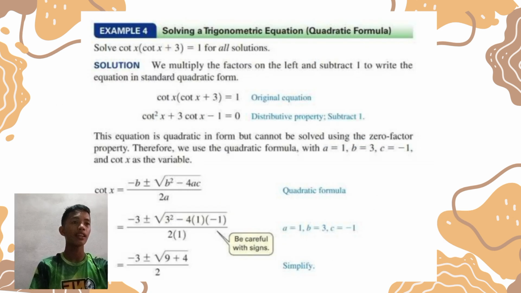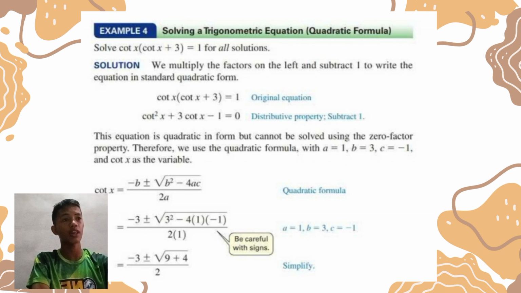Okay. Next, we have another example from the book, which involves the quadratic formula. We have to solve cotangent x times the quantity cotangent x plus 3 equals 1 for all solutions. We have to multiply the factors on the left and subtract 1 to write the equation in standard quadratic form.